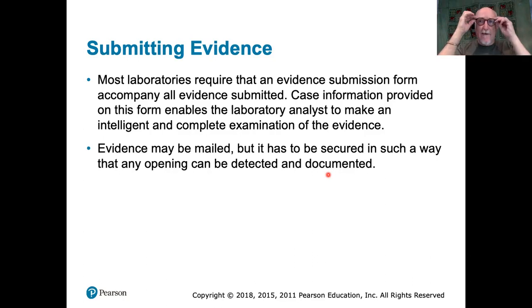And so much of this evidence is going to be transferred from the investigating authority, the officers or whoever is doing detectives, etc., to the crime scene laboratory. They will process it, obtain results, and they will refer their results back to the investigators.